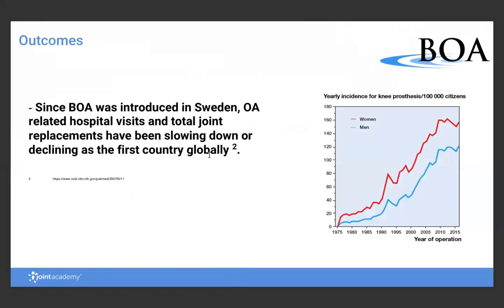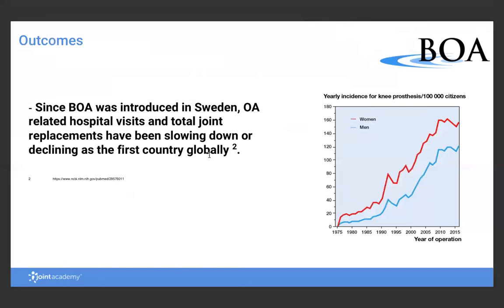Most industrialized countries have the same graph we have, which is going straight up. I think Spain is just like ours. Australia is just like ours. Sweden, because 150 to 200,000 people went through BOA, actually had a downward trend in joint replacements. Interestingly, in Sweden, some counties did not participate in BOA. Their graph went up. Some counties did participate in BOA. Their graph went down.